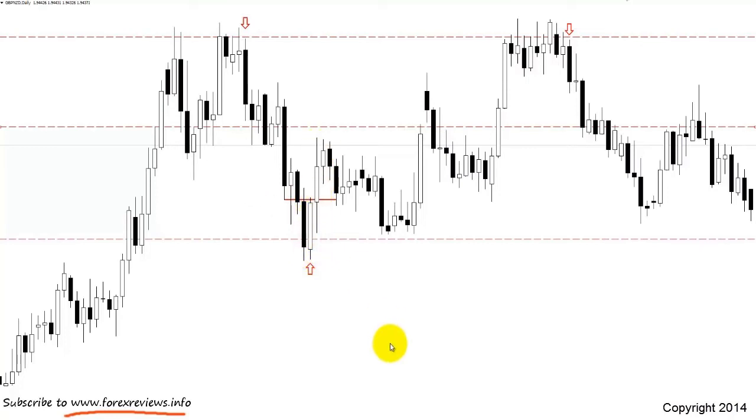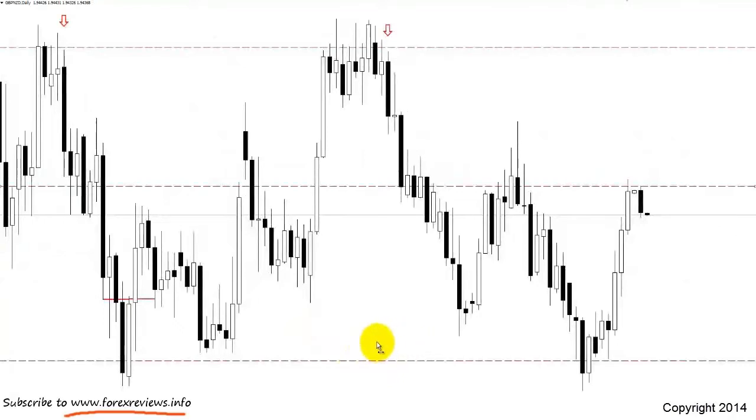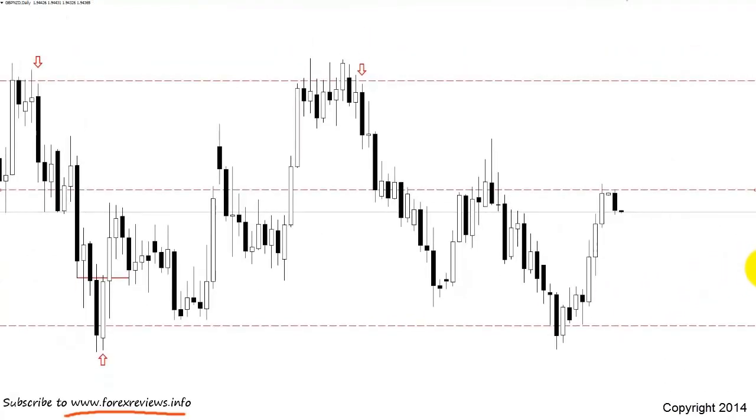And the price went up. Identify the structure, identify the signal, and then you can take the trade. It's a process. Here's another signal here. It's a little bit wicky, but that's okay.